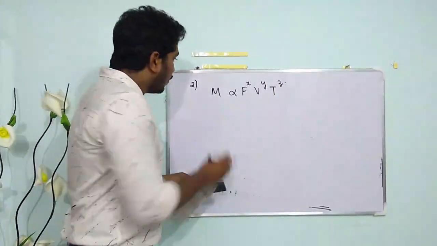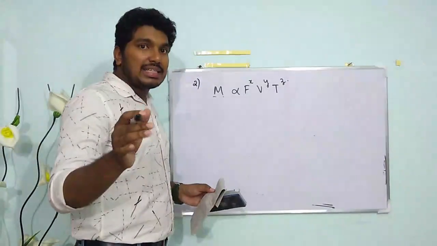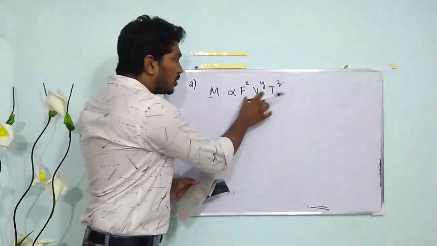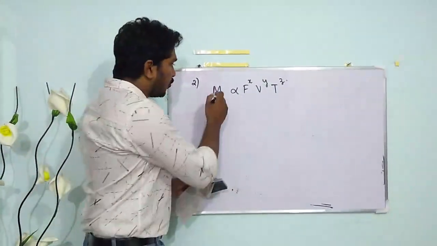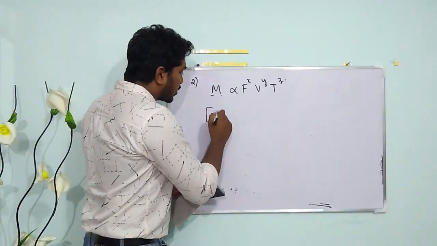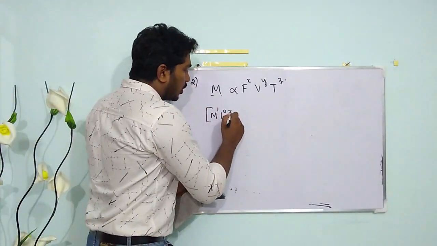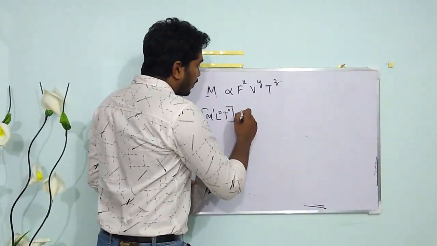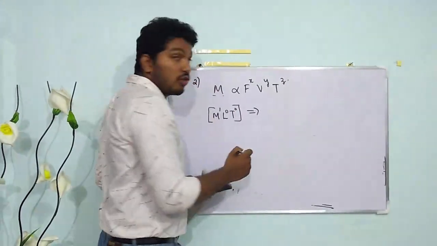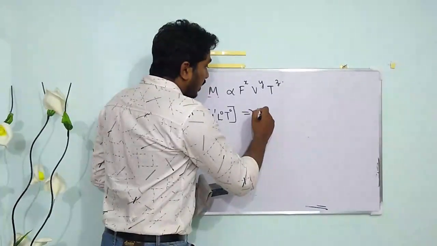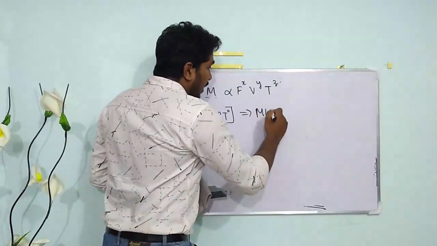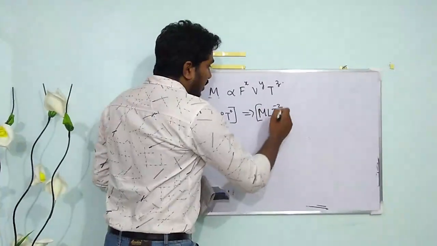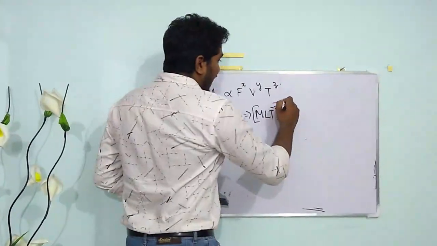Okay. Now the next step is writing the dimensional formula of all the corresponding quantities. For mass, I'm going to write M raised to 1, L raised to 0, T raised to 0. This will correspond to what is the dimensional formula for F? For F it will be MLT raised to minus 2, and the power is x.